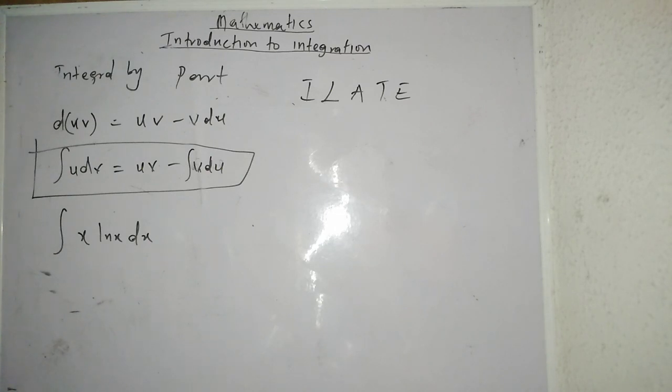A is for algebraic function, T is for trigonometry function, and E is for exponential function. The first one is inverse function, the second is logarithm function, the third is algebraic function, the fourth, T, is trigonometry function, and the last one, E, is exponential function. That is the condition behind this.